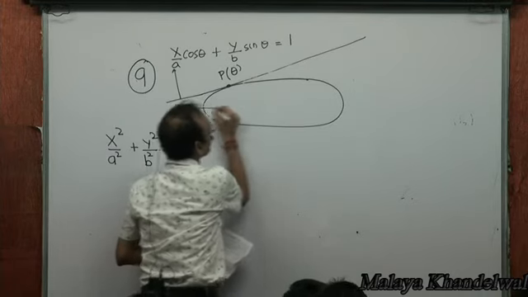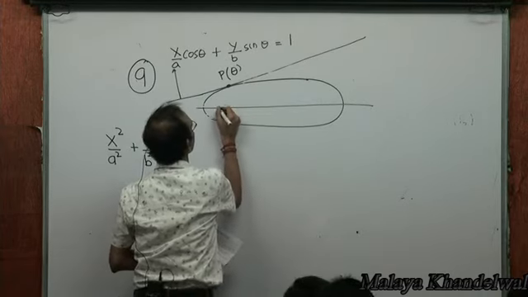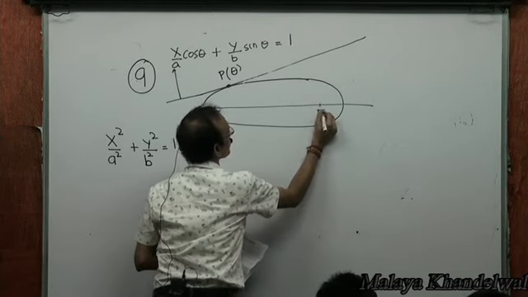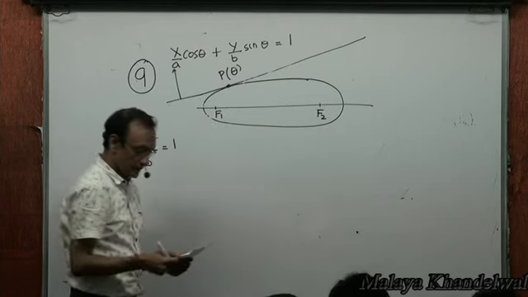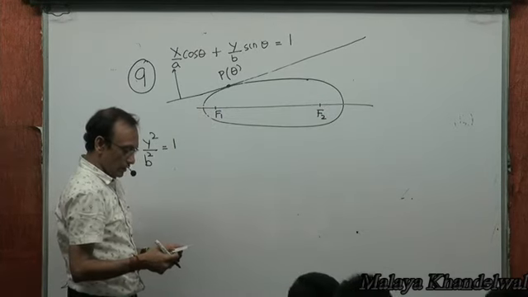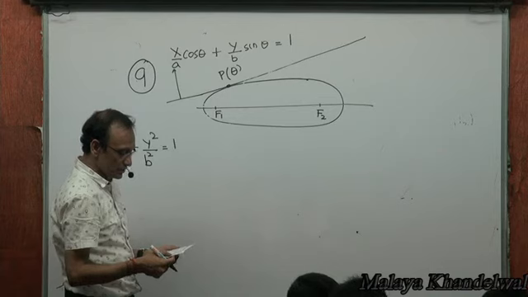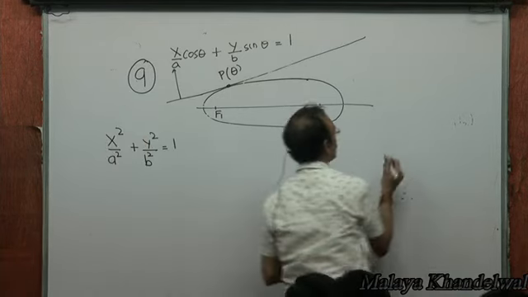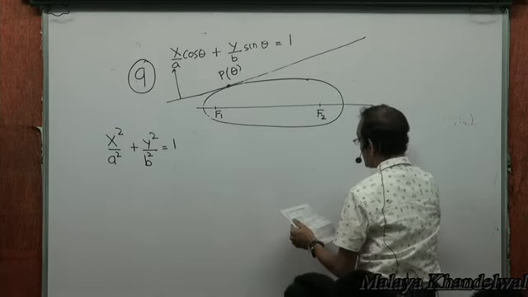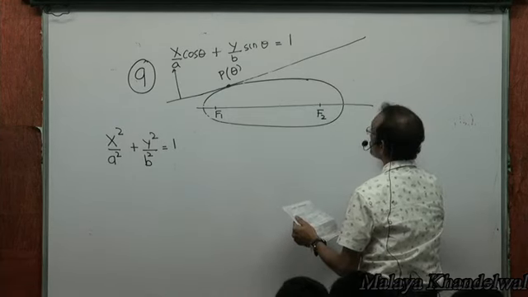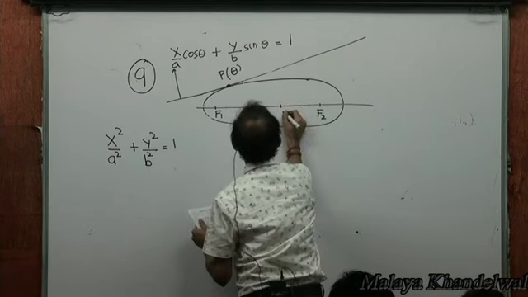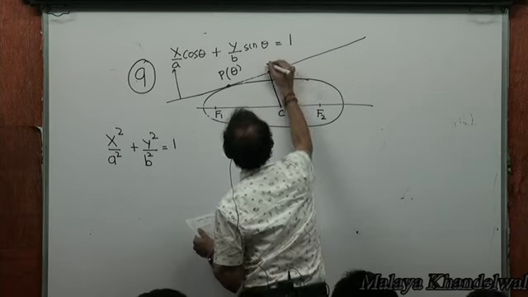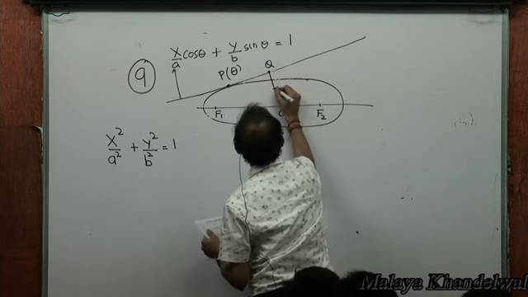Now, f1 and f2 are the two foci. If d is the distance from the center to the tangent, CQ is d.